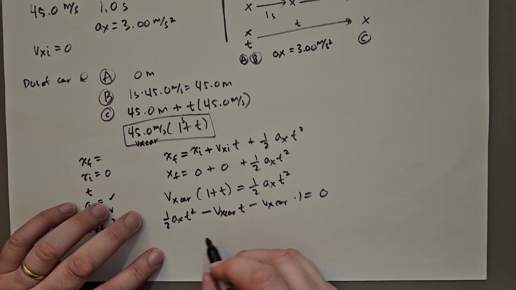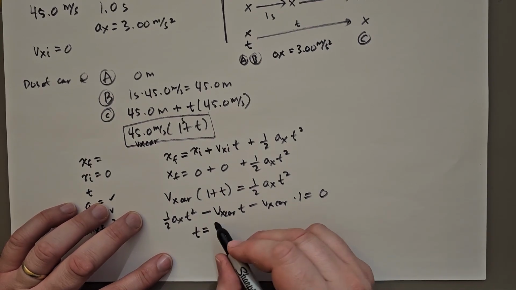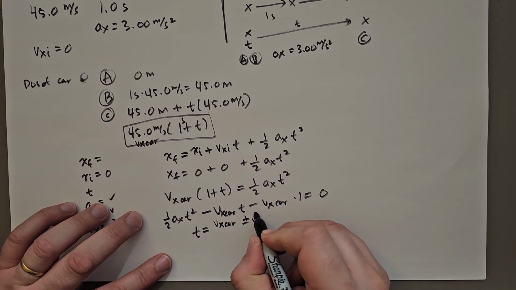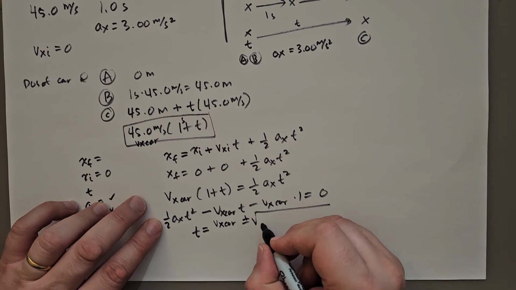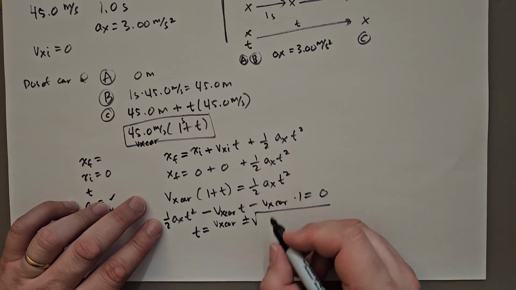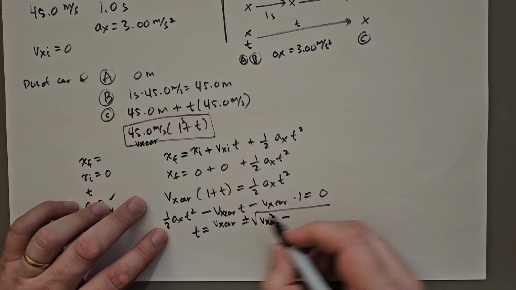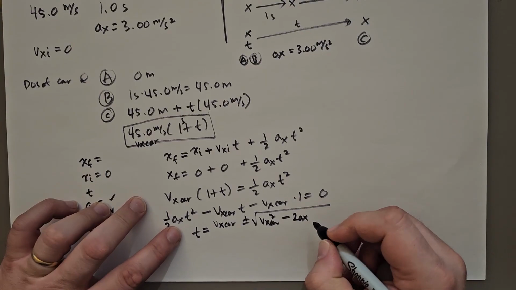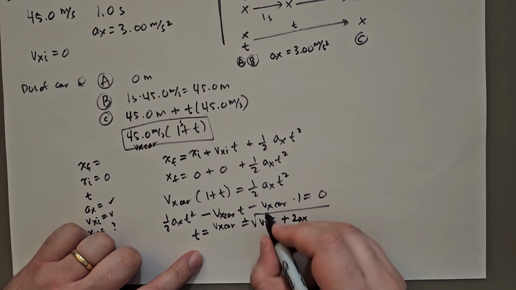And we can use the quadratic equation to solve for t. So it's minus b, which is Vx car, plus or minus the square root of b squared minus 4ac. That's right. So Vx car squared minus 4ac, so it's 2 a_x times Vx car.